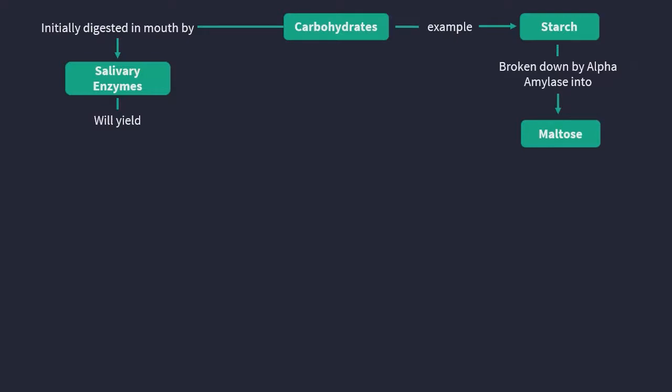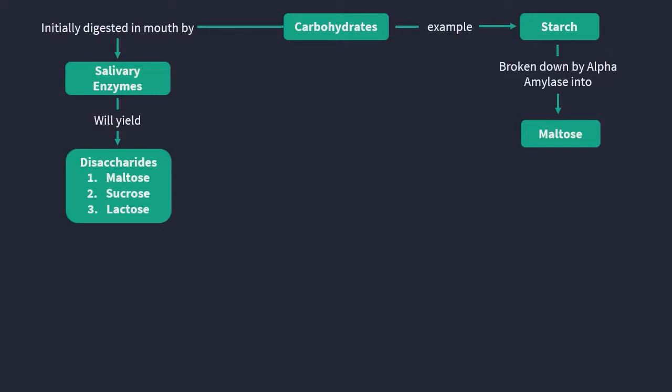These salivary enzymes will generally yield a disaccharide. Disaccharides such as maltose, sucrose, and lactose will then be introduced into our small intestine, specifically in the mucosal cell.